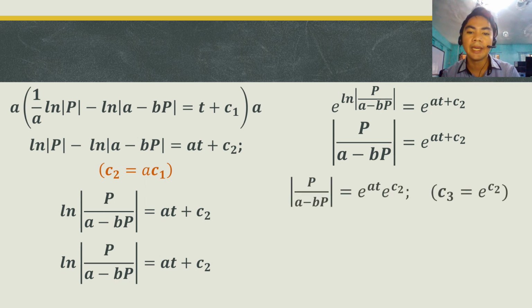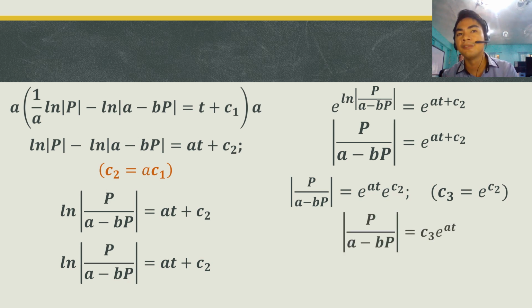And then applying the property of Euler's number, we have p all over a minus bp is equal to e raised to at times e raised to c sub 2. And in this case, we're letting the value of c sub 3 equal to e raised to c sub 2. And then we have the absolute value of p all over a minus bp is equal to c sub 3 times e raised to at.